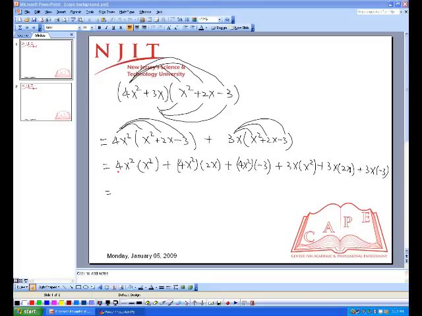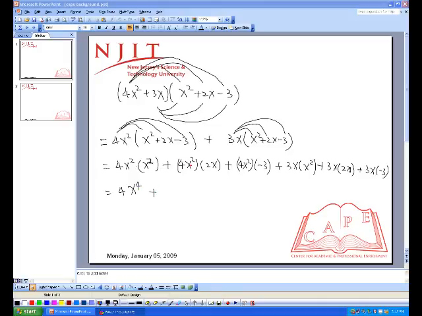Alright, now multiply the coefficients. Well, the coefficient of x squared is really 1, because 1 multiplied by x squared is still x squared. So 4 times 1 gives you 4. And when you add the degrees, 2 plus 2 is 4. Okay?